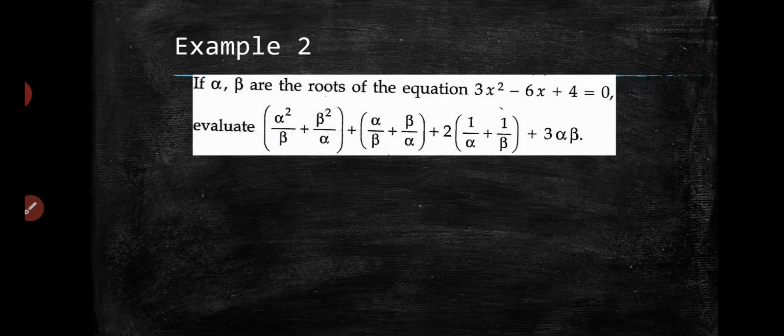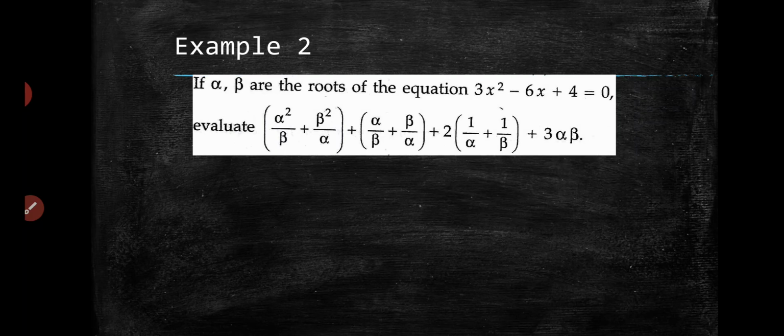Now this can be done in two different ways. You can make use of the sum of the roots and product of the roots, and also you can individually find the roots and put the values here.